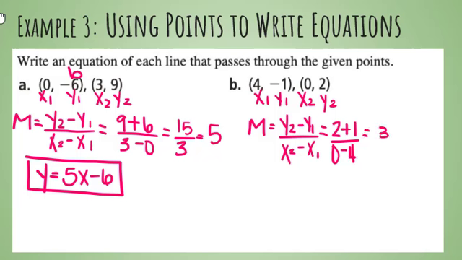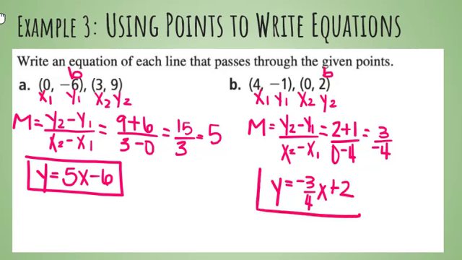So 2 plus 1 gives me 3. 0 minus 4 is negative 4. So this is my slope. And then here again, we have our b value. So our equation here is going to be y equals negative 3 over 4x plus 2. So here is our equation of our line.